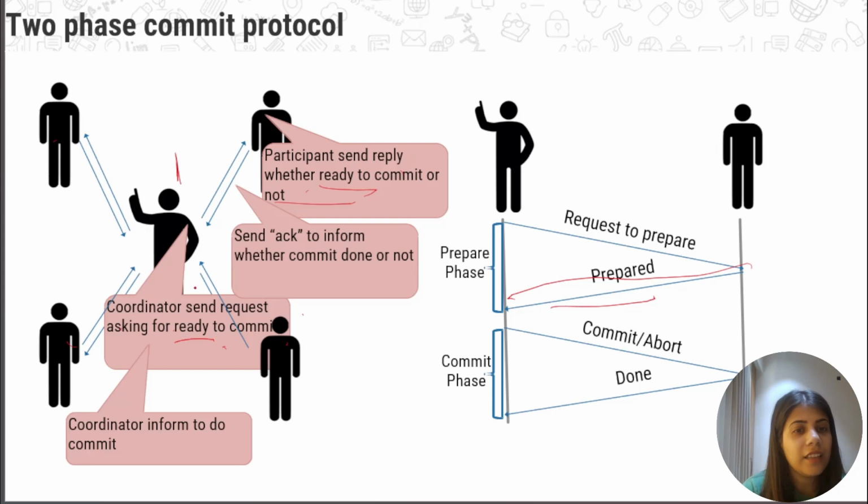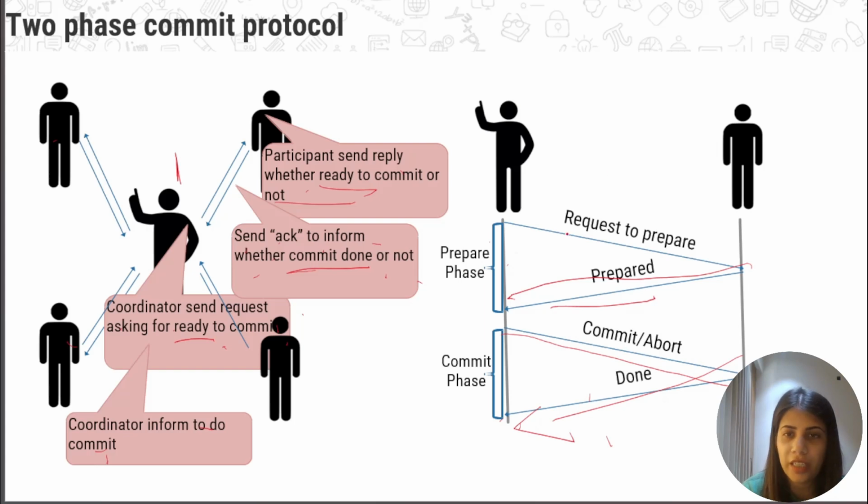Then the coordinator will inform them to do the commit, which happens in the commit phase. Then the participants will perform the commit action and send an acknowledge message to inform whether the commit has been done or not. This also happens in the commit phase. So four actions are performed: two actions in the preparation phase and two actions in the commit phase.